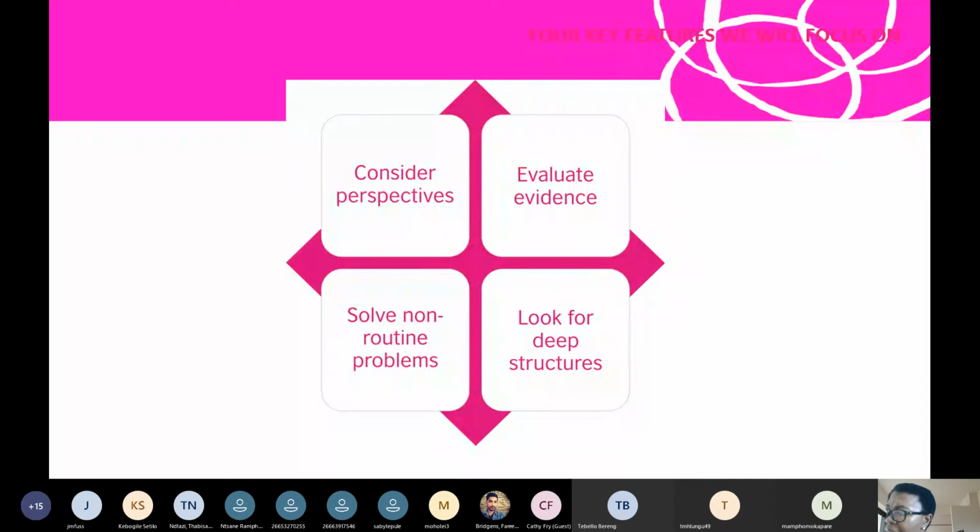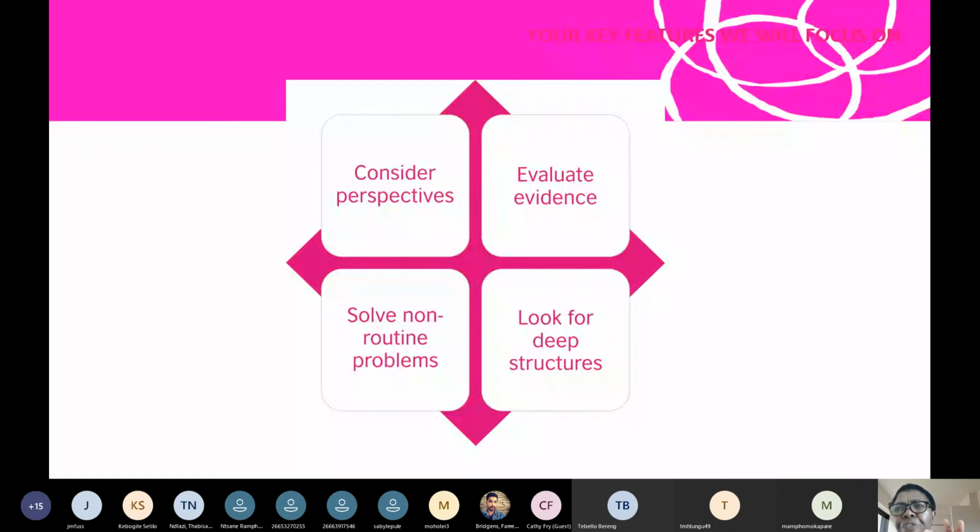In terms of deep structures, I had a question at the back of my mind: how do you improve the economy of Lesotho? I asked myself, can't we use the beauty of the country? What about tourism in the country? And so on. So look for deeper structure. Continue asking that why, until you get deeper and deeper.